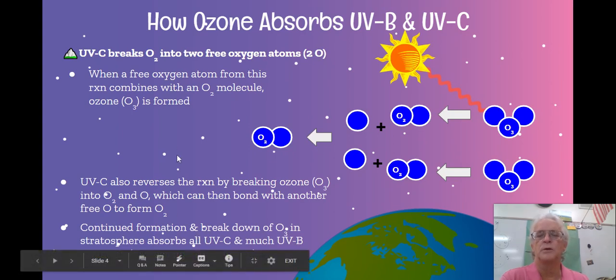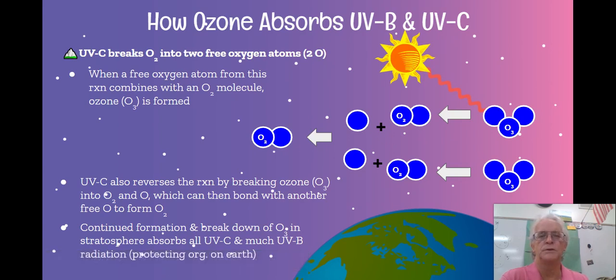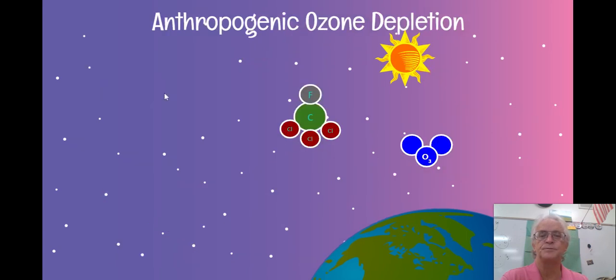But the continued formation and breaking of ozone in the stratosphere absorbs the UVC and UVB radiation, protecting the organisms on the Earth. Remember from physics, when radiation is absorbed, it is re-emitted at a lower frequency. Well, that lower frequency is blue, the part of the blue light that we see.